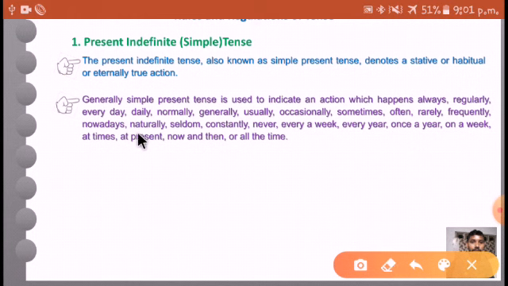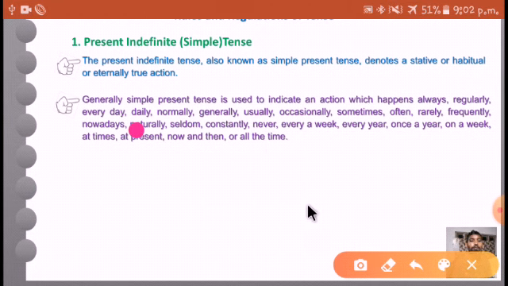Naturally, you can also see seldom, constantly, never, every week, every year, once a year, once a week, at a time, at present, now and then, or all the time.